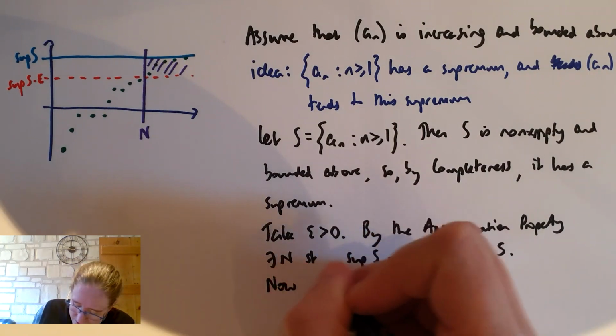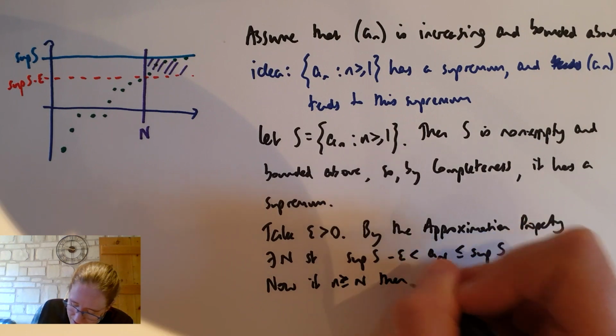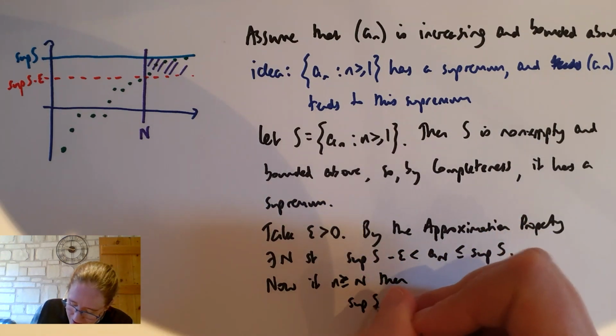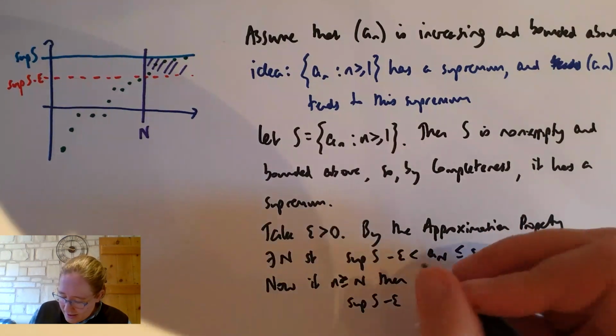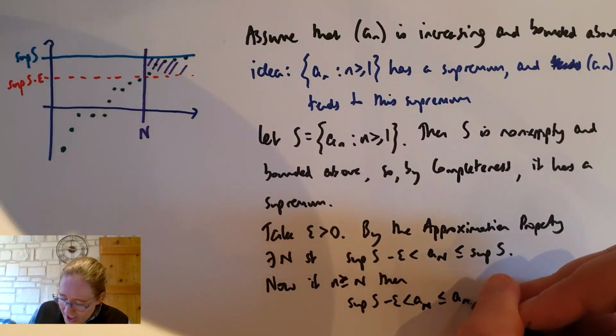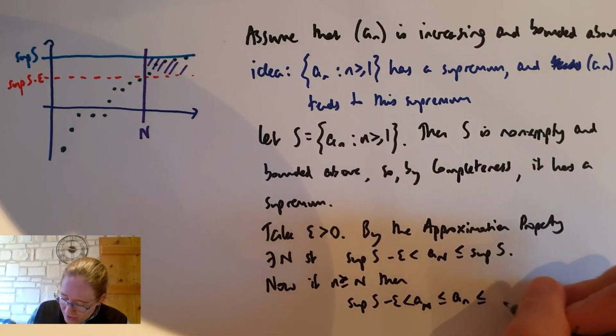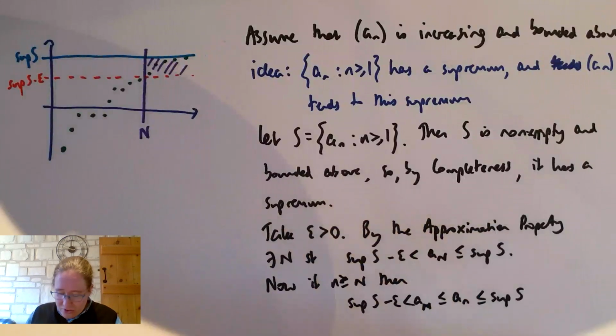So now if n is greater than or equal to capital N, then sup S minus epsilon is less than A capital N by what we just had, and that's less than or equal to A little n because of our increasing sequence, and that's going to be less than or equal to the sup of S by the definition of the supremum.